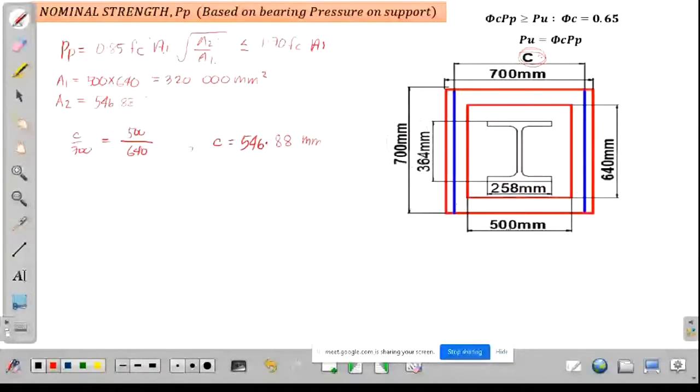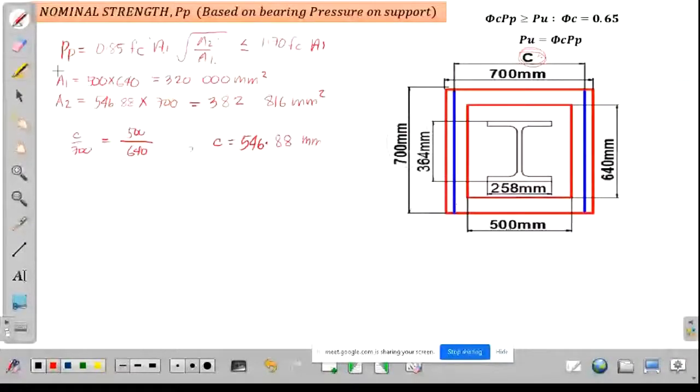So, ano yung magiging area po natin? That will be equal to 382,000 mm squared. So, can you check? Tama. Okay.